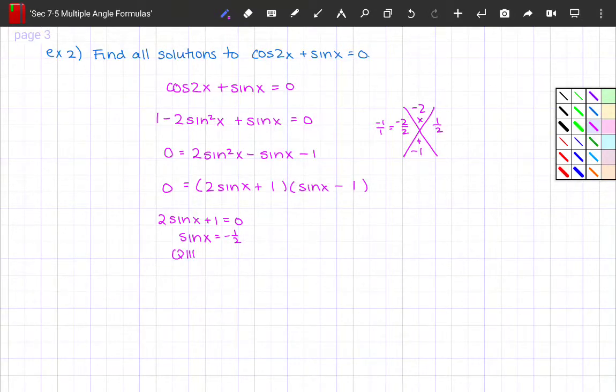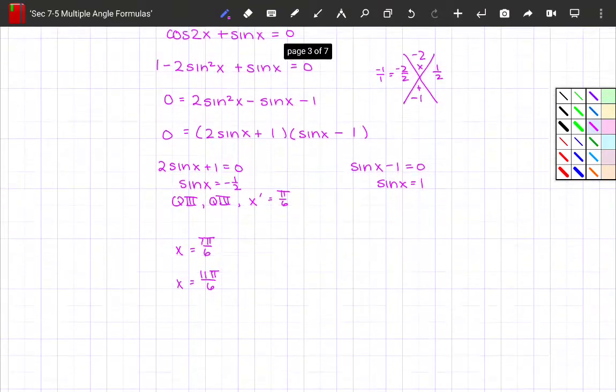We're in quadrant 3 and 4 because that's where sine is negative. Reference angle is pi over 6. So I'm going to set this up in quadrant 3. We're going to be 7 pi over 6. And in quadrant 4, it's 11 pi over 6. And then when sine of x minus 1 equals 0, that means sine of x is equal to 1.